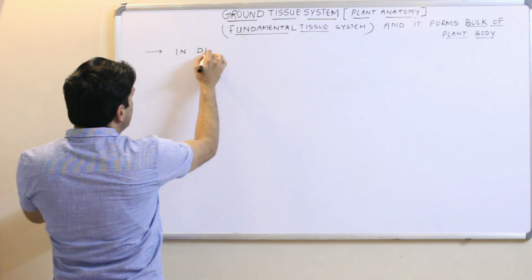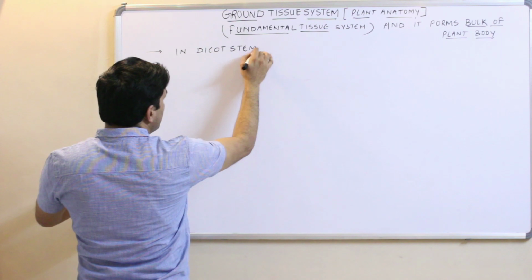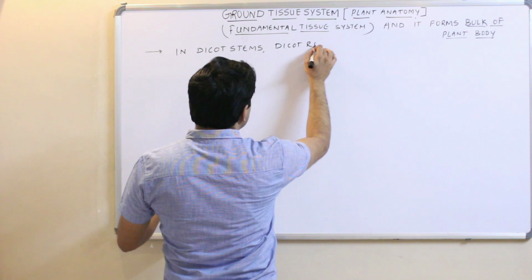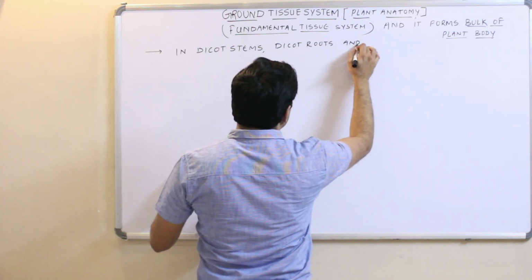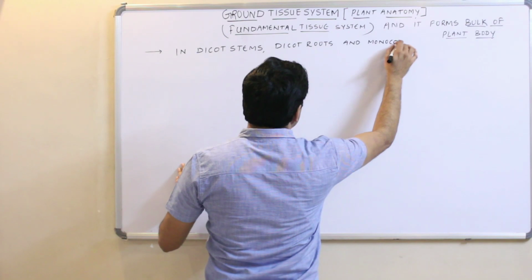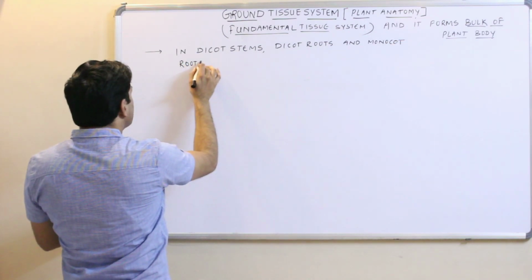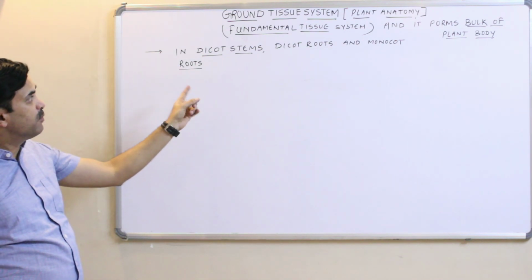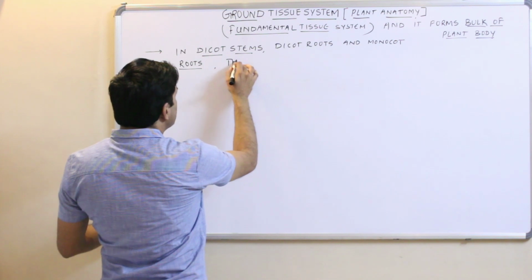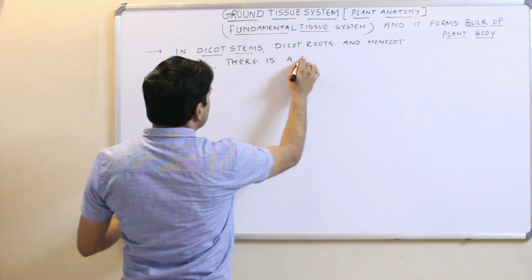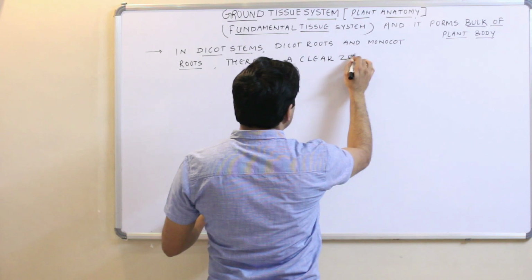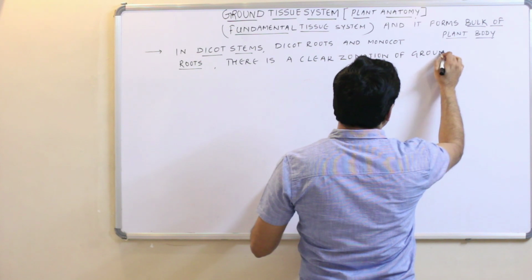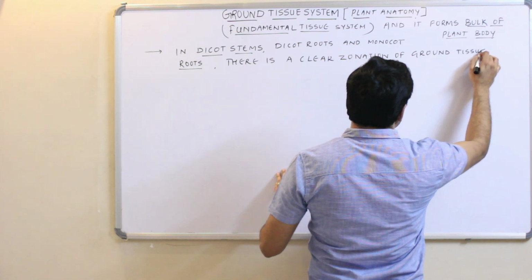Now, in dicot stems, remember this thing, in dicot stems, not in monocot. In dicot stems, dicot roots and monocot roots, there is a clear zonation of the ground tissue system.